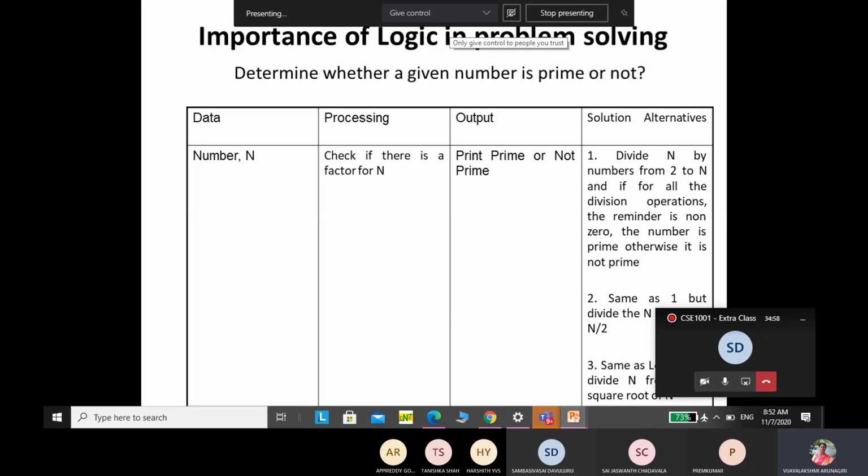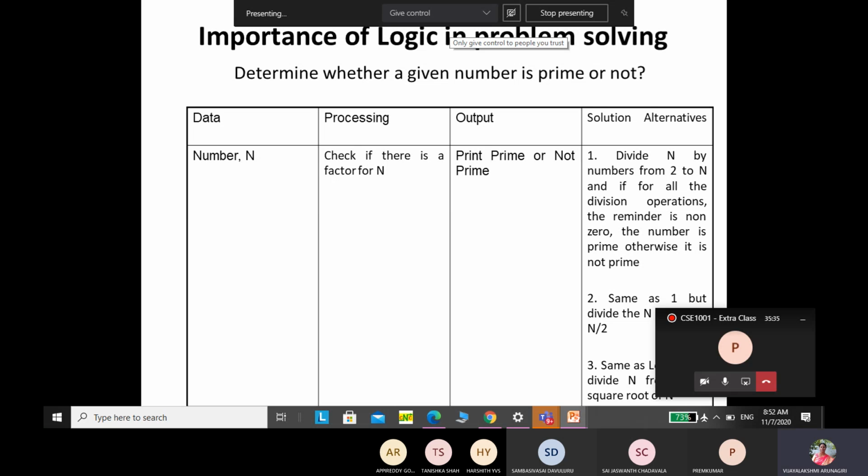Say, for example, I want to check whether 111 is a prime number or not. Is it a prime number? If I want to check that, from what number to what number do I have to divide?